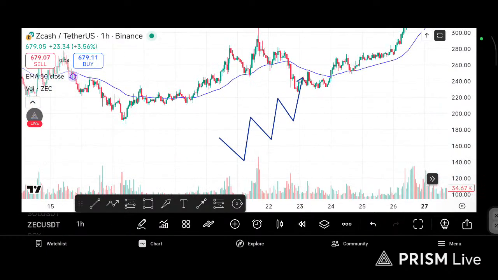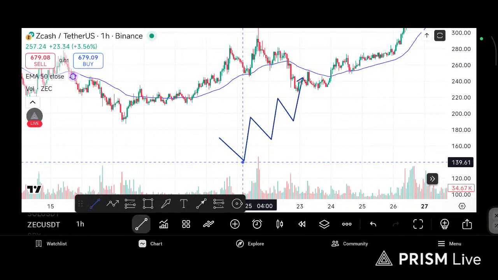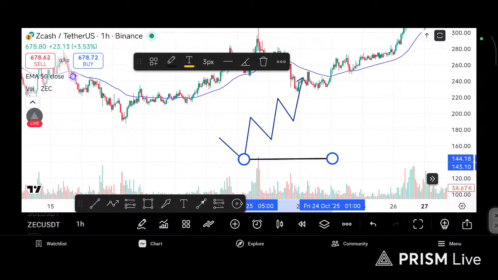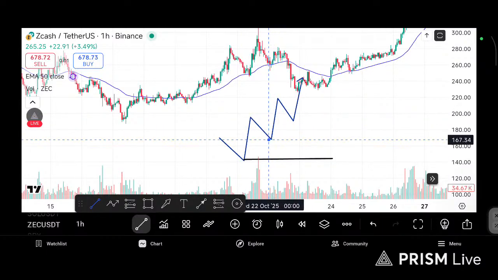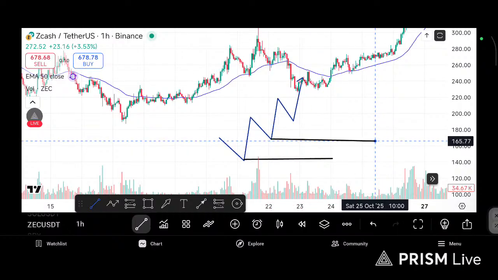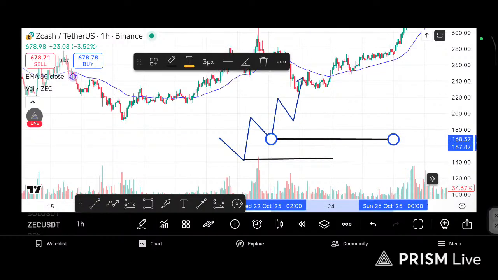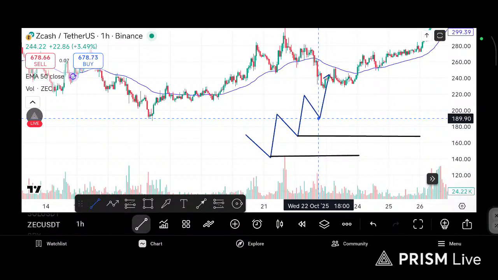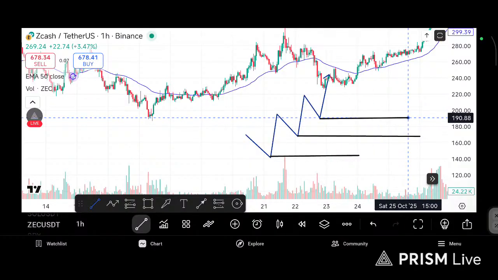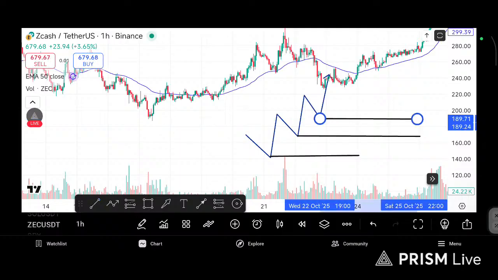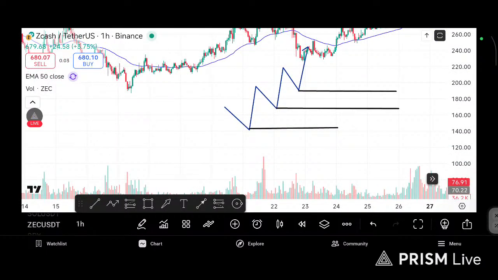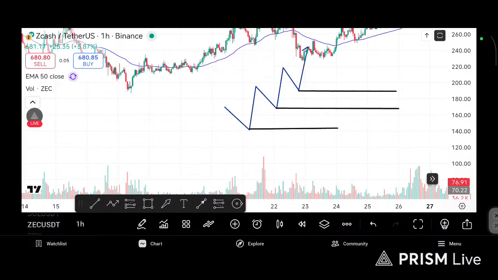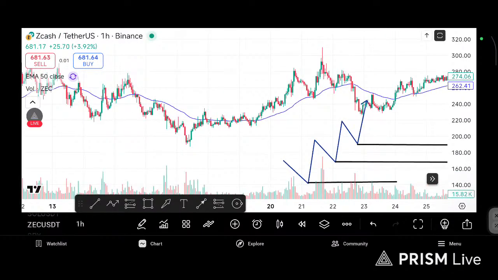This was what I explained about type 1 liquidity, that these zones are called liquidity zones, where price has the ability to go higher. Right? That's the liquidity zone.